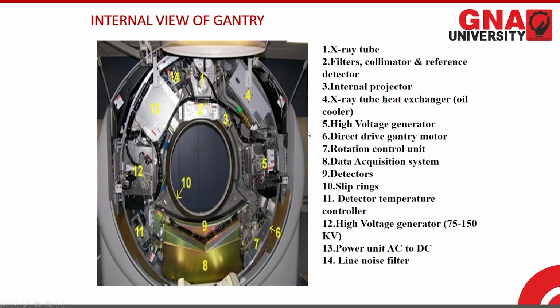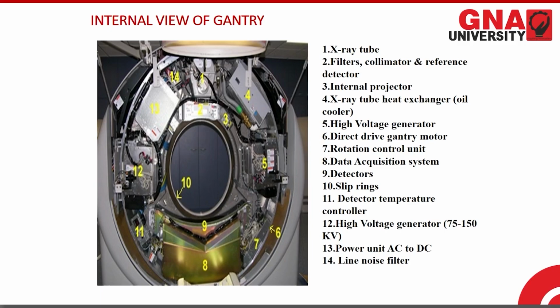Then number 6 is the direct drive gantry motor. This gantry motor helps the gantry to achieve rotations. Number 7 is the rotation control unit. This particular electronic device is responsible for controlling the gantry motion.